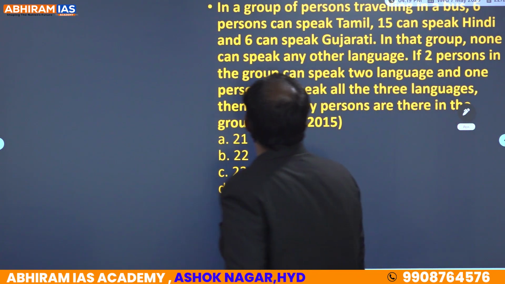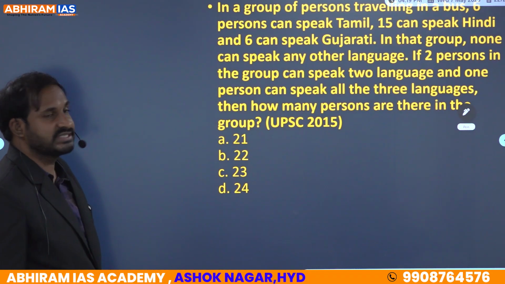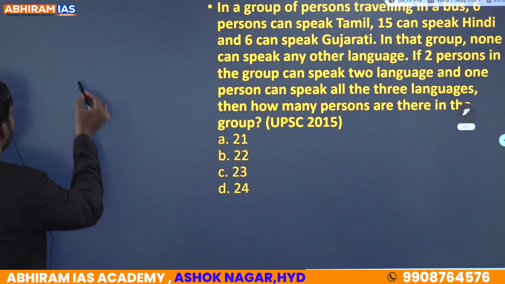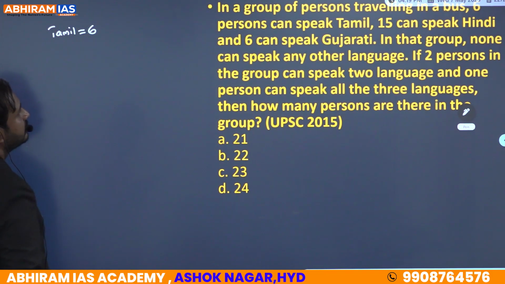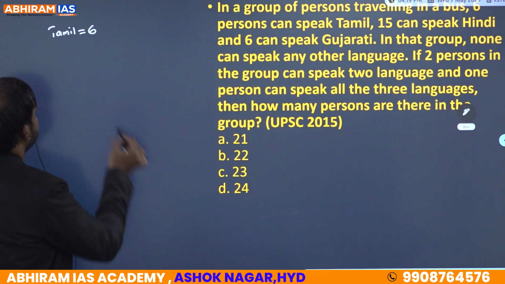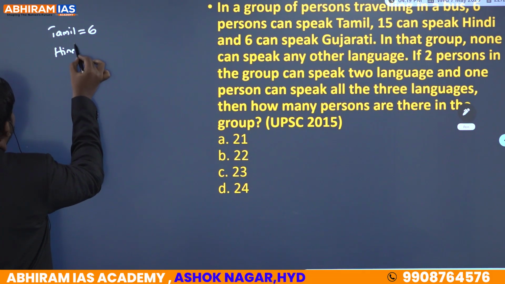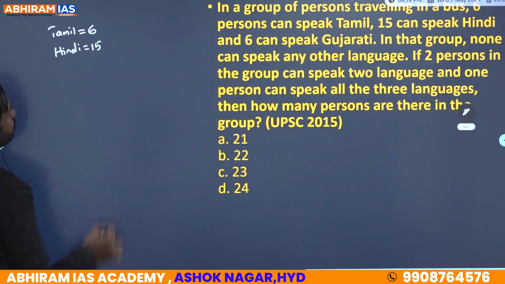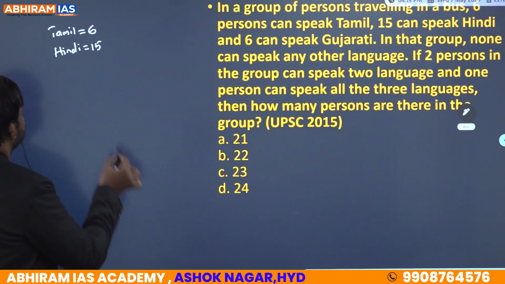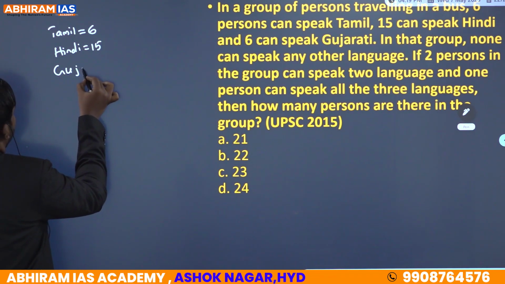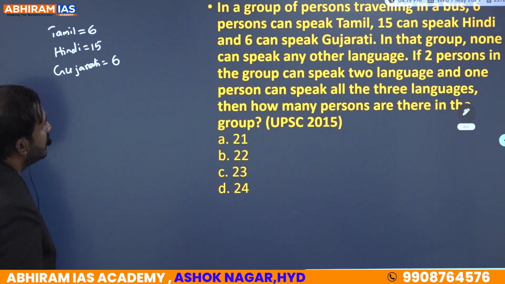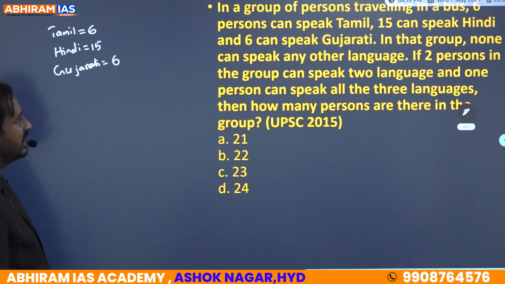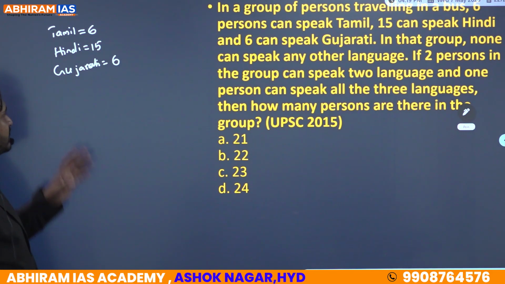In a group of persons traveling in a bus, 6 persons can speak Tamil, 15 can speak Hindi, and 6 can speak Gujarati. In that group, none can speak any other language. That means only 3 languages are there for us: Tamil, Hindi and Gujarati.